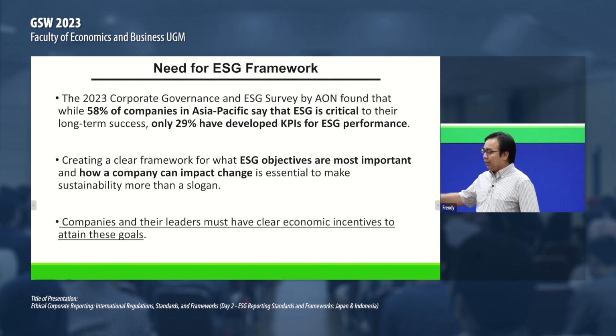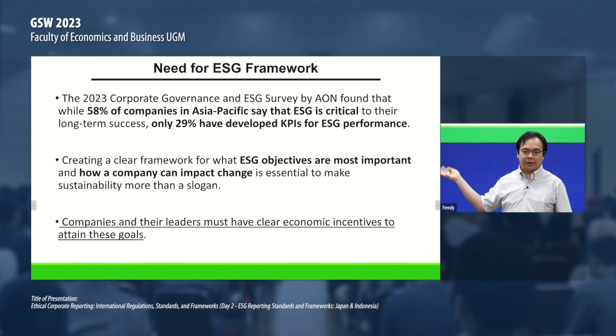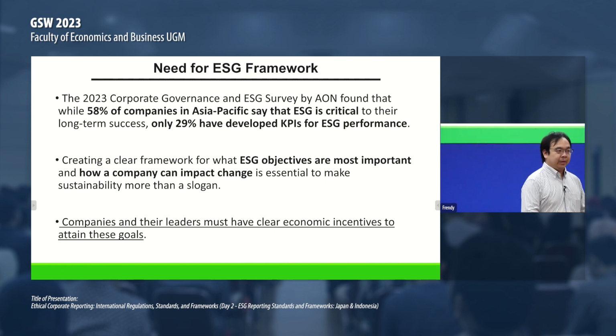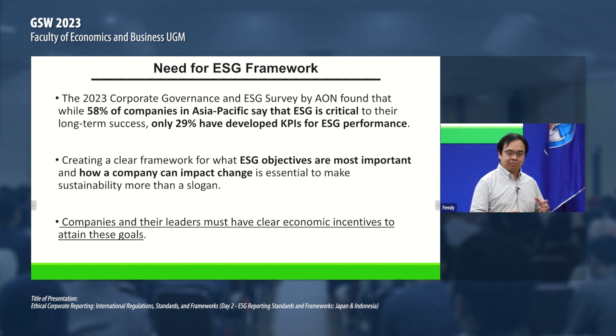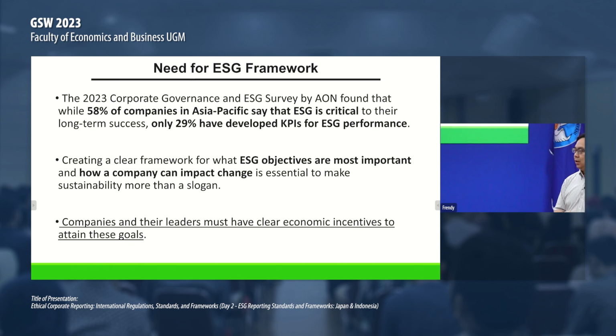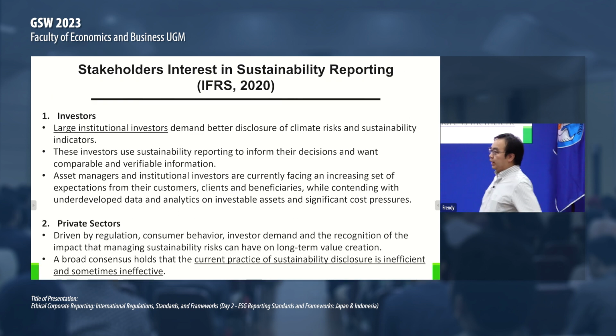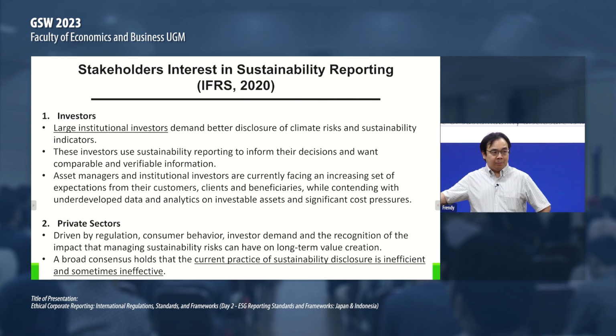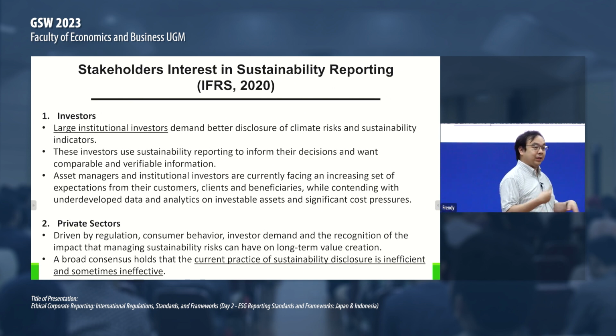So, therefore, there's a lot of need and motivation to develop clearer standards to help the companies implement what's needed to be reported. So let's go over this list. So I believe everyone here knows IFRS, okay? So IFRS now are not just interested in developing standards in financial accounting or financial reporting.